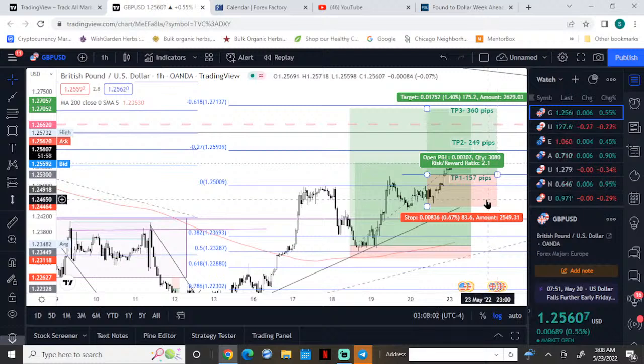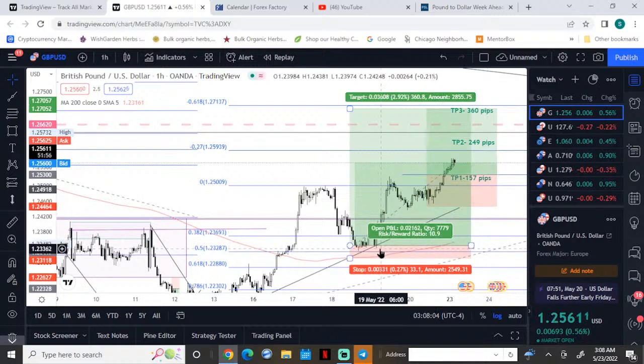And this is still a 1 to 2 trade. The original trade risk to reward is 10.9, which is about a 1 to 10.